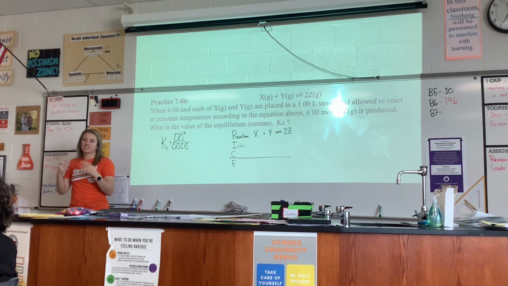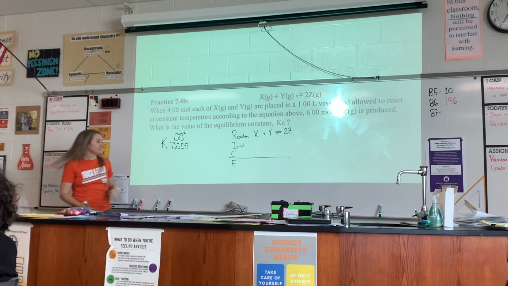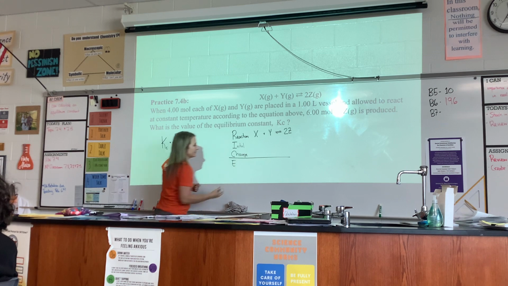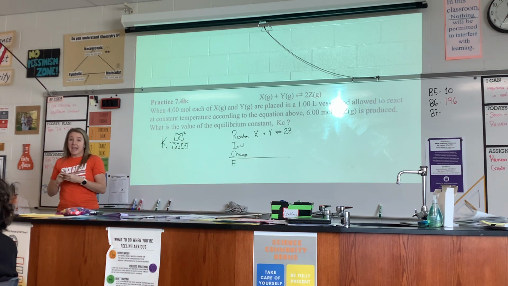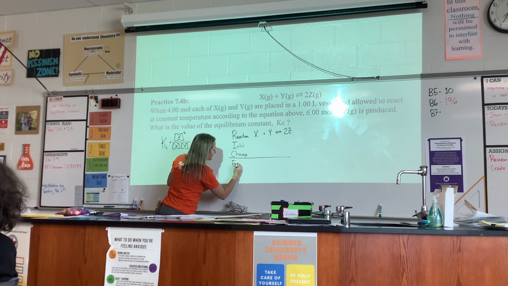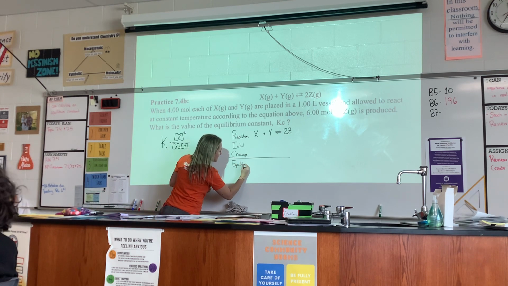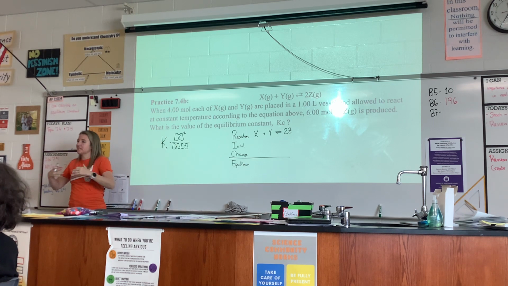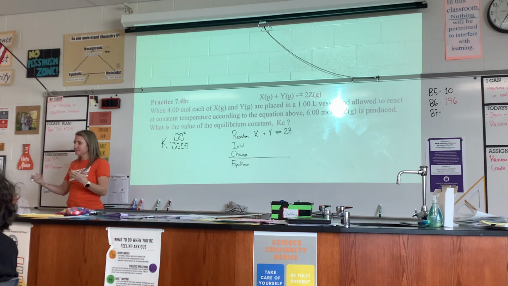So what did the reaction start with? C stands for the change it's going to undergo. And E, you can kind of think of it in two ways. For this unit, we're going to focus on it as the equilibrium, but you could also just think of it as the end. Like, what is it going to be when it reacts to the end?